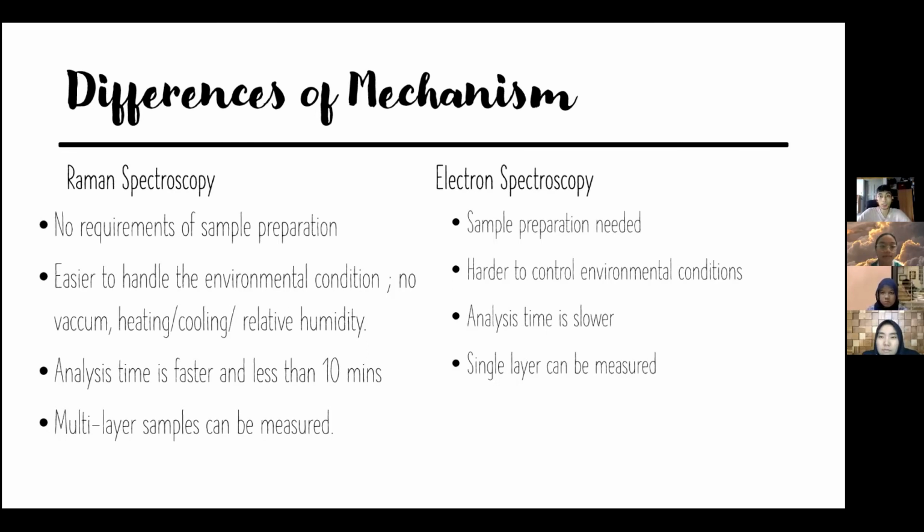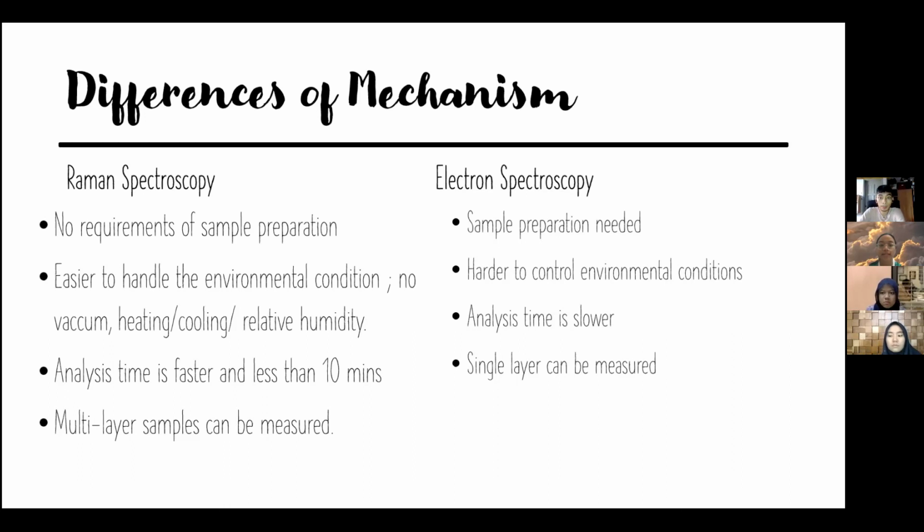The time taken for analysis in Raman spectroscopy is faster compared to electron because it's less than 10 minutes. Also, Raman spectroscopy can measure multi-layer samples, while electron spectroscopy only does single layer.